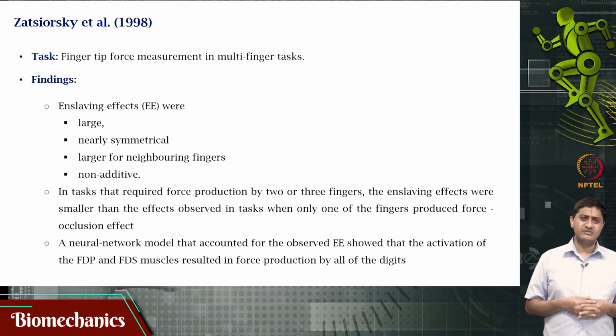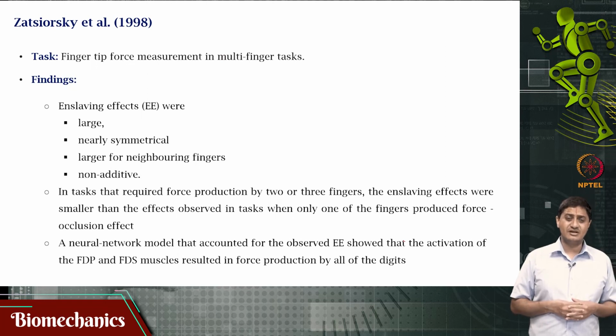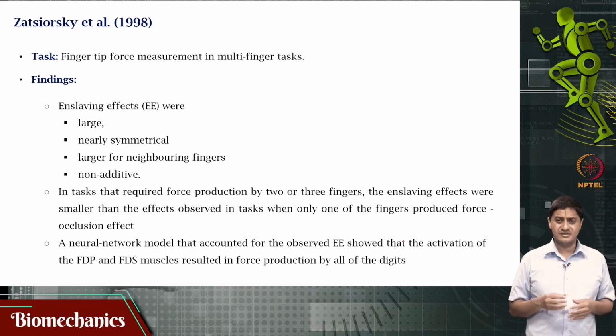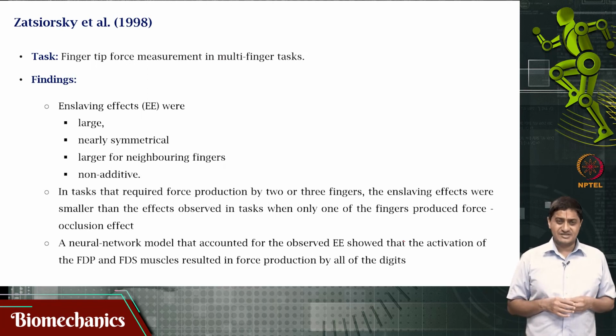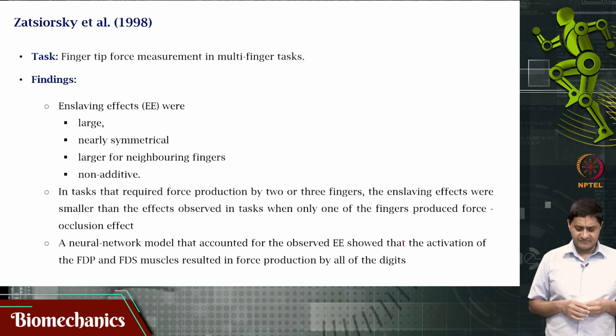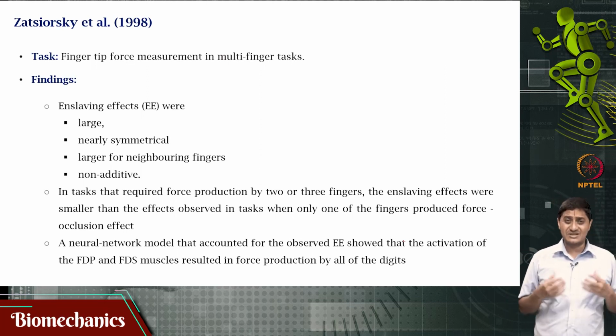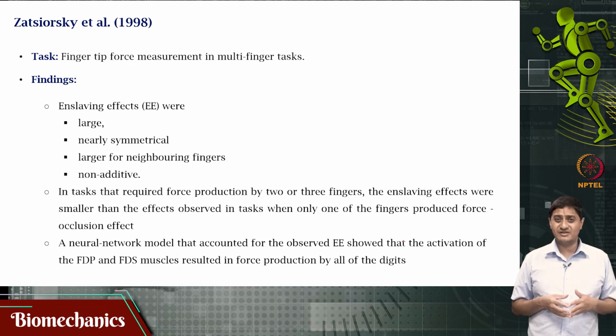What they found from that study was that enslavement effects, shortly called EE, which is what I will call them in the rest of the discussion, meaning enslavement effects or enslaving effects, were large. In general, the enslavement effect is not trivial or small.